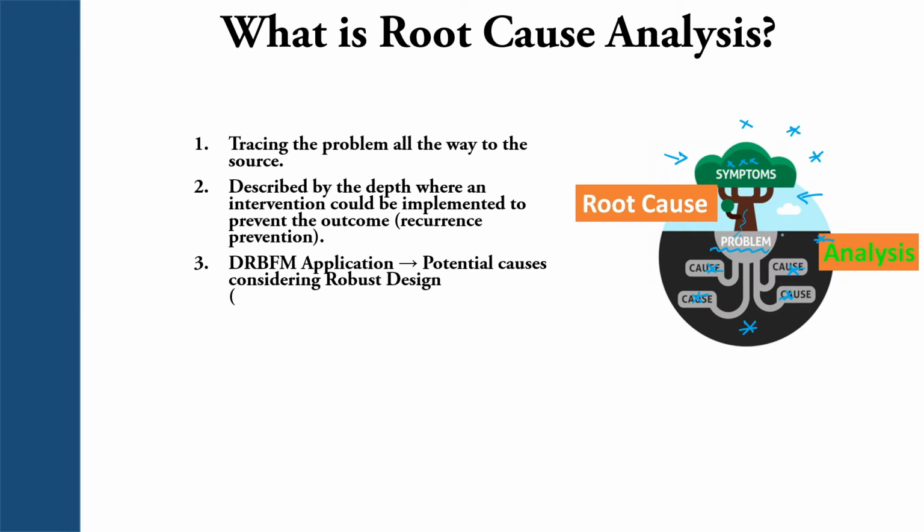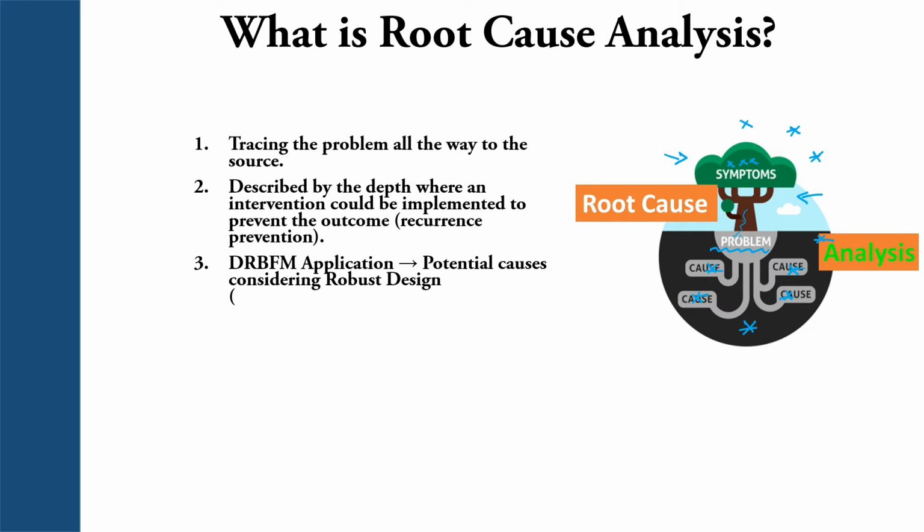So the root cause in simple steps is basically tracing the problem all the way to the source, described by the depth, where the intervention or interaction can be implemented to prevent the outcome, which is known in the DRBFM as recurrence prevention. And the DRBFM application will help you find the potential causes and consider the robust design.